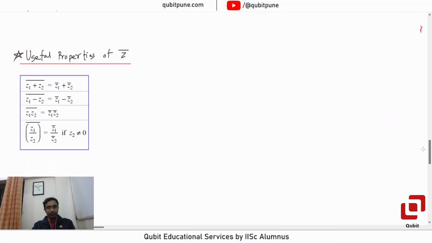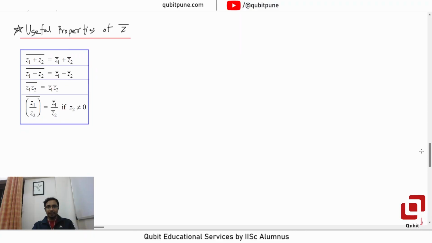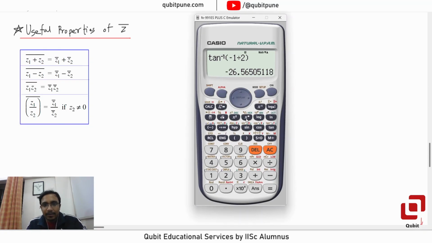Now let us discuss some useful properties of z bar, that is, complex conjugates. We are not going to prove these properties because we do not have that much time. You can do that. Is it okay if we verify these properties for two chosen complex numbers? Fine, so let's do it.